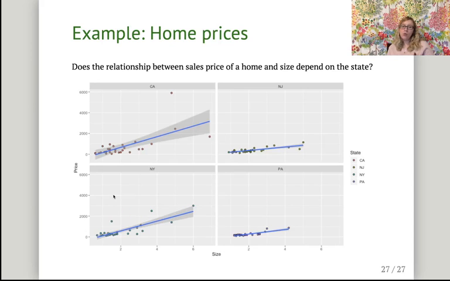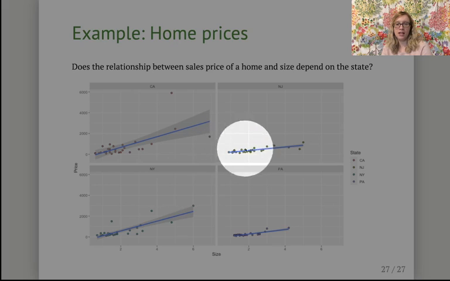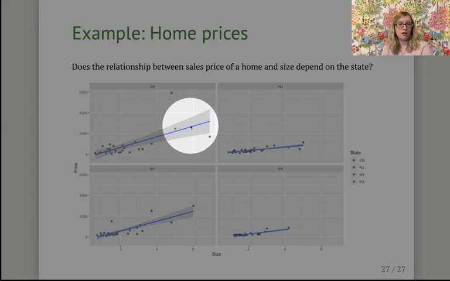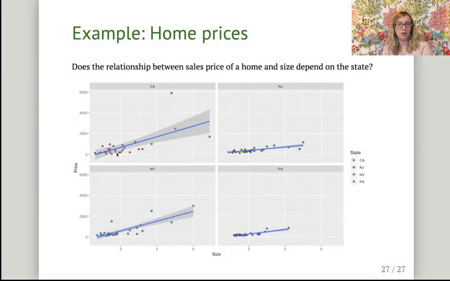However, what if we split the data up into 4 different states? Well, there's a couple things to take away. First, New Jersey in the upper right has much less variability in home price than, say, California on the upper left. There's a lot more variation for home prices in California.